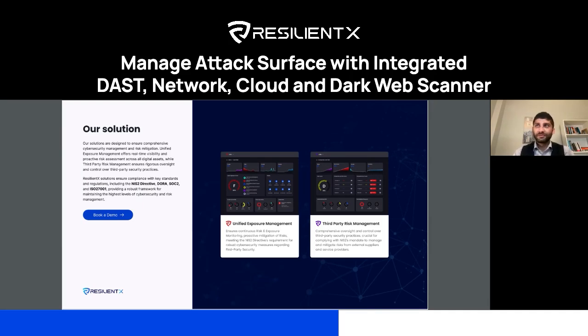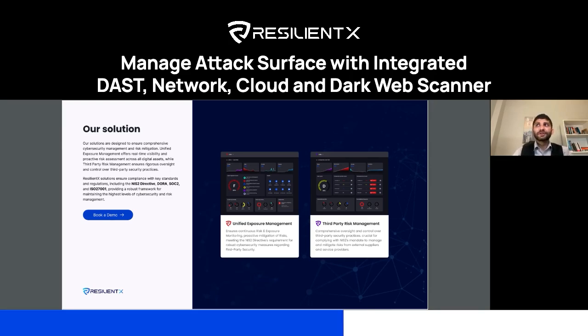So this is when you can actually use this tool to specifically identify all of your digital assets, perform different types of security testing, such as DAST, network, and cloud security posture assessments, and also scan for any kind of intelligence related to your company.